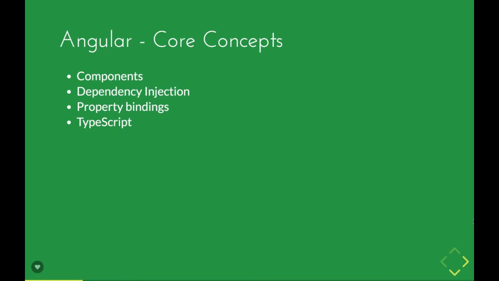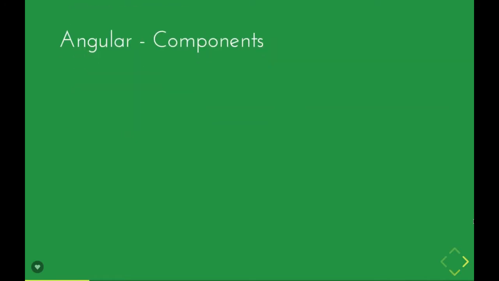And sometimes it's just an interesting idea to say, well, I've been working with Angular for a while, let's see what else is out there, and just get an understanding for how a similar concept can be approached within each individual library. So for Angular, we'll be covering components, which actually is more or less the same for all the different libraries that we're working with. We'll be covering dependency injection, property bindings, and TypeScript, because that is a big part about Angular.